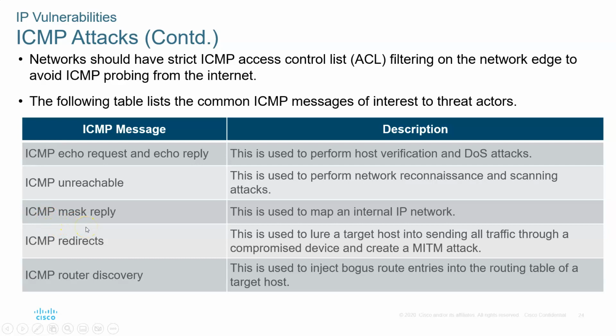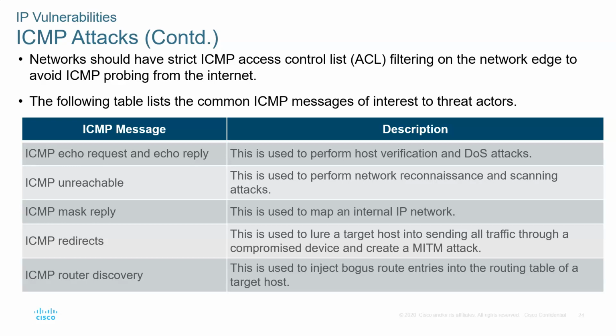ICMP mask reply. This is going to map the internal network. So you may actually see the whole network, who is there in the internal network and what IP addresses are in there. So you can map the whole internal network, and you can actually see paths on how to get to your victim. ICMP redirect is used to lure target hosts into sending all traffic to you.